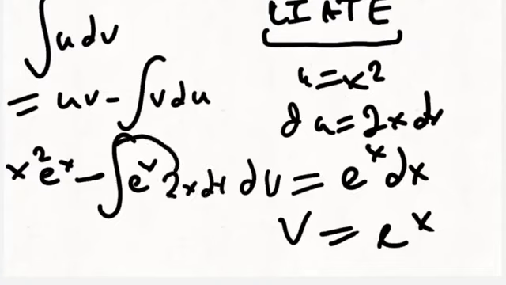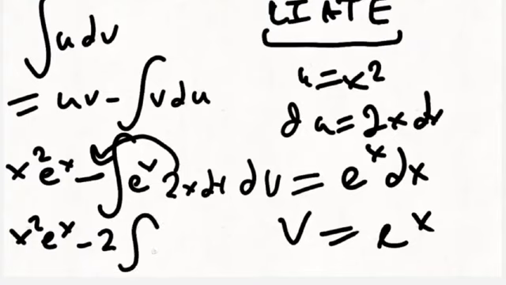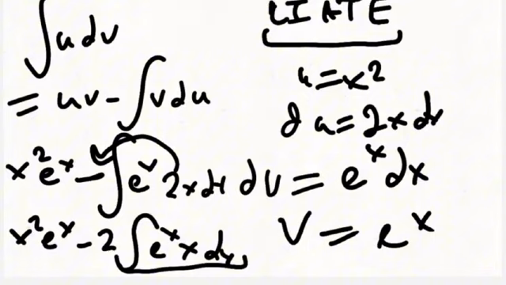Now we want to factor out the 2 over here. So we have x squared e to the power of x minus 2 times the integral of x e to the power of x dx. But the only problem is that we have to do integration by parts again, right?